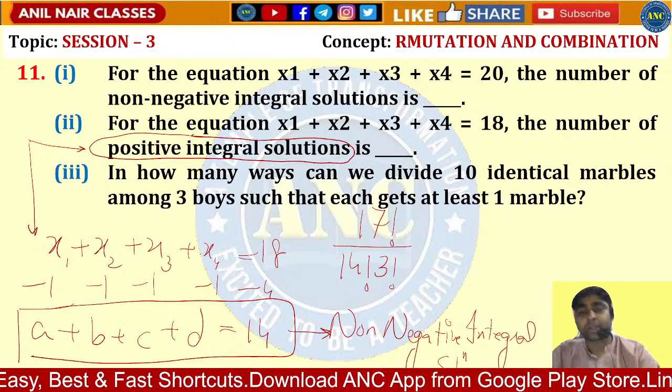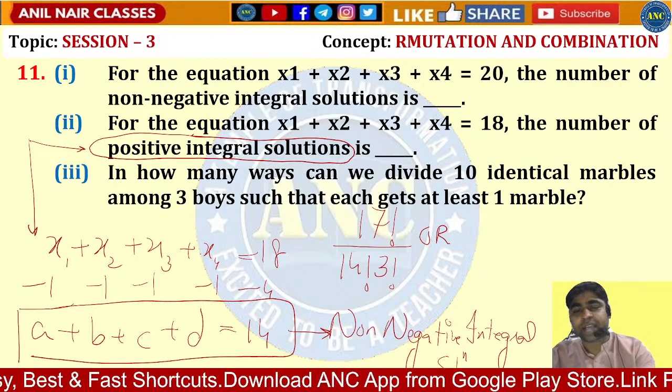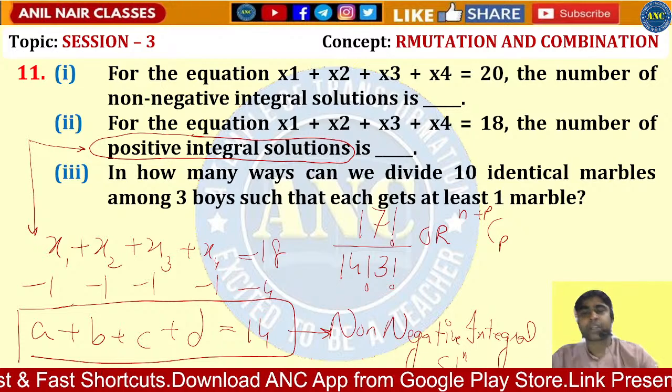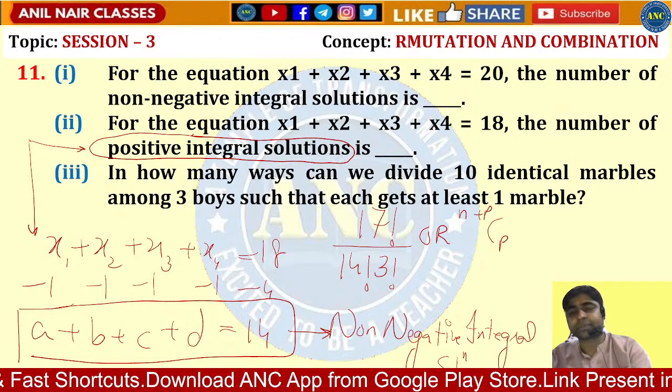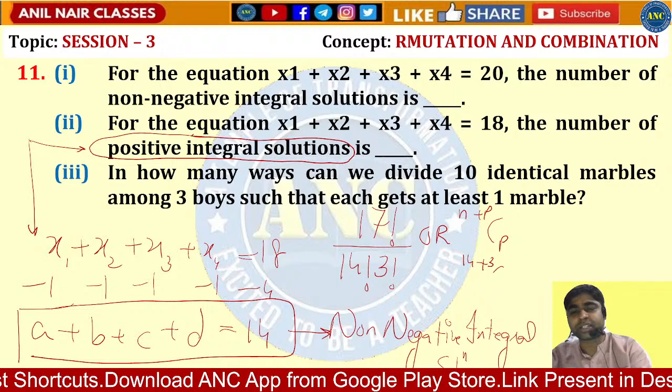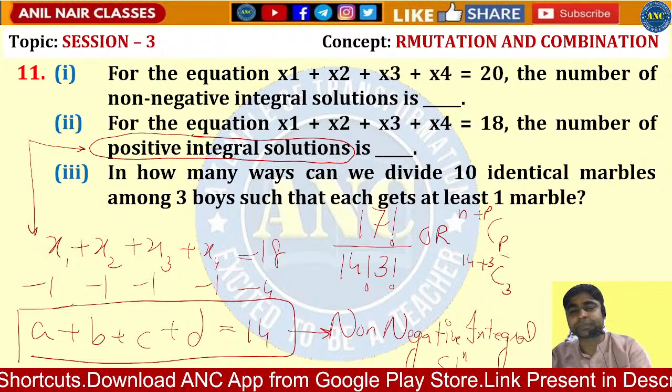Or as a formula, what did I learn? (n plus p)Cp. What was n? 14 plus how many partitions? 3, C3 will give me the same answer.